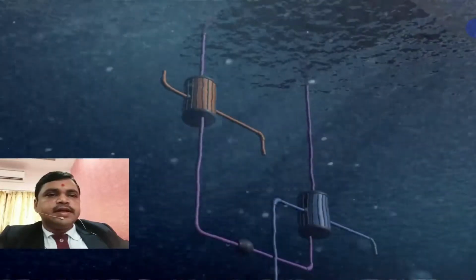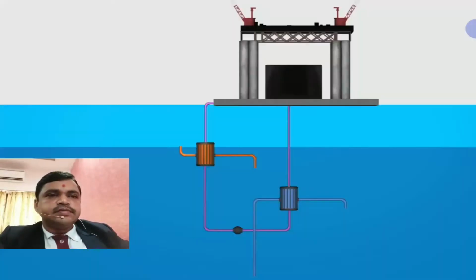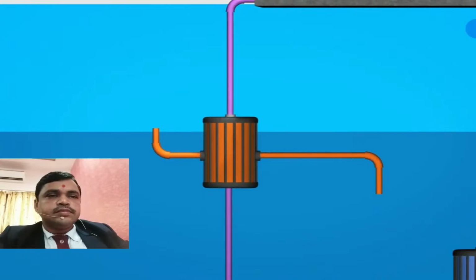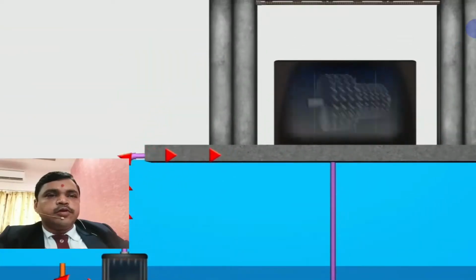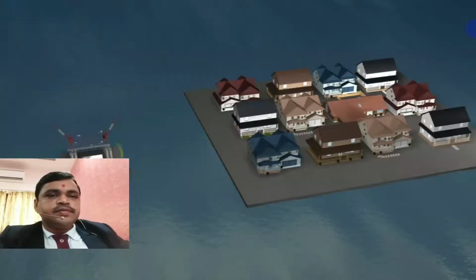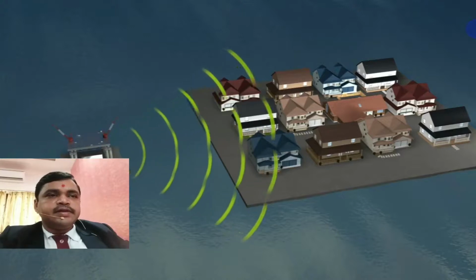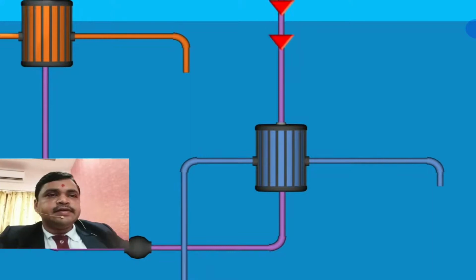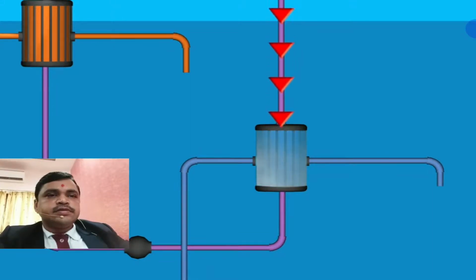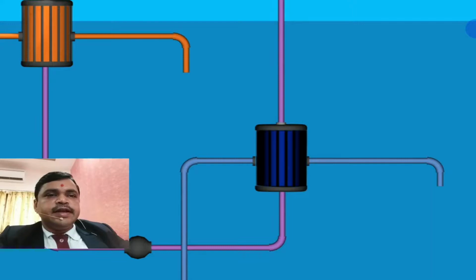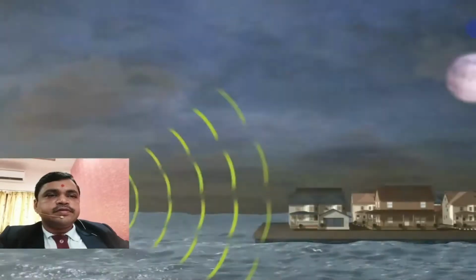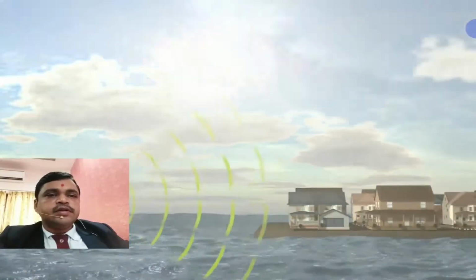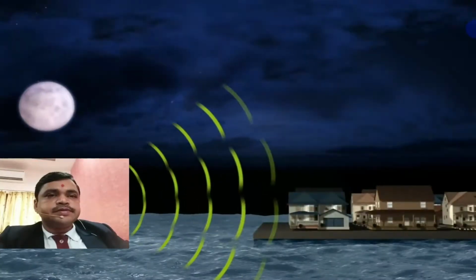Ocean thermal energy conversion. We introduce surface hot water in the flash turbine and it produces electricity. It is the condenser which condenses the refrigerant vapor.